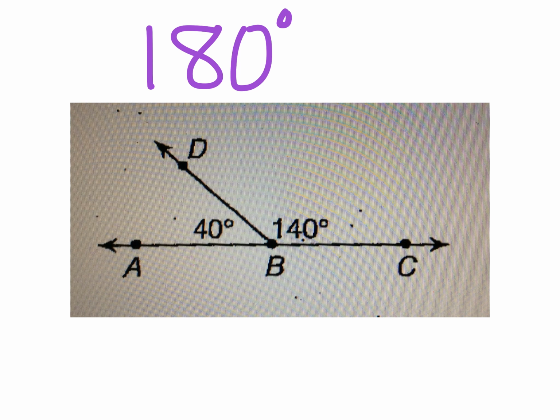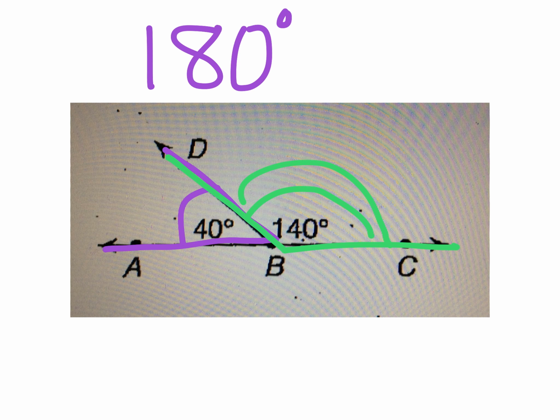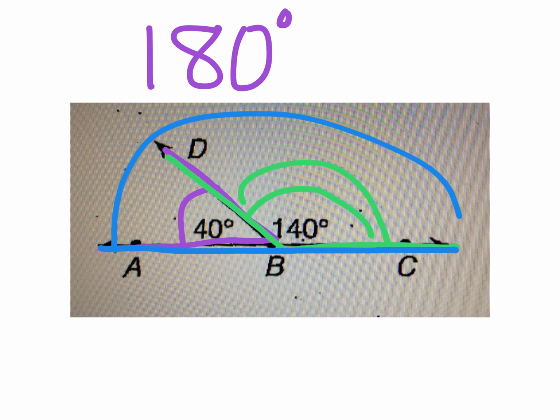So the first angle being ABD, and that is 40 degrees, and the other angle being DBC, which is 140 degrees. 140 plus 40 gives me 180. You'll also be able to see, hopefully, that ABC is a straight angle and that it also equals 180 degrees.